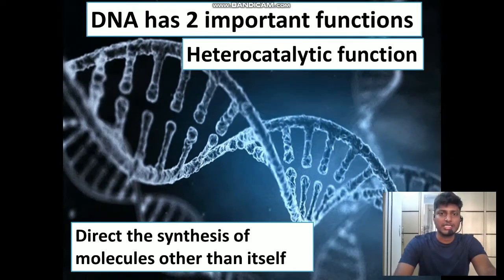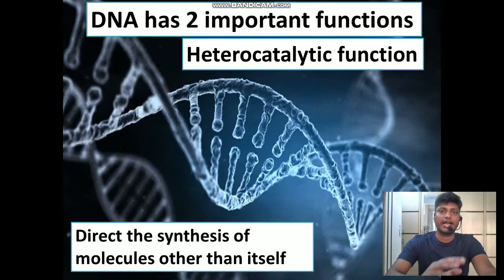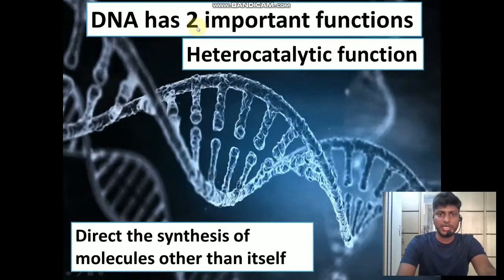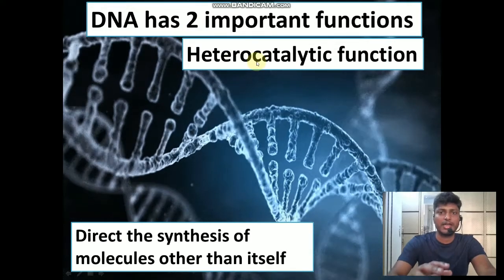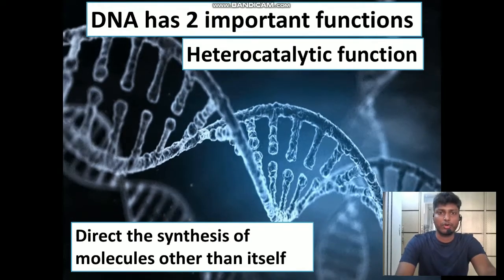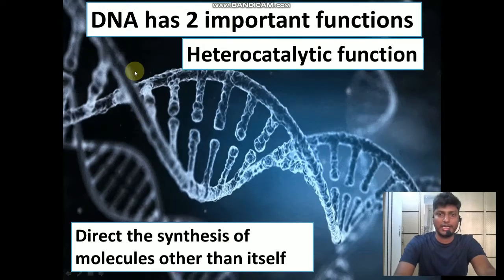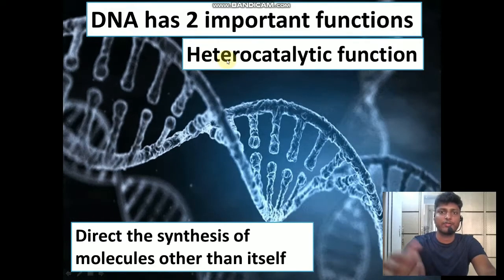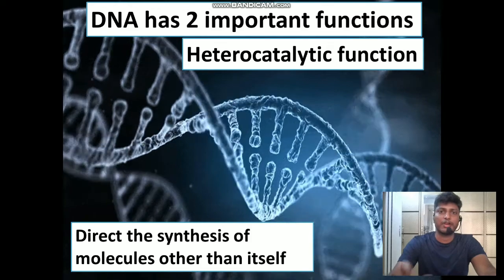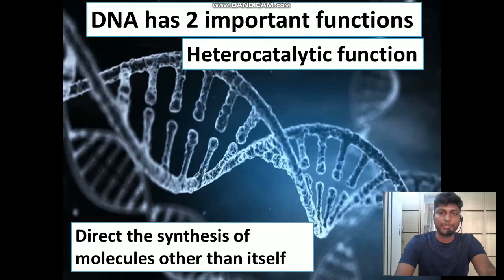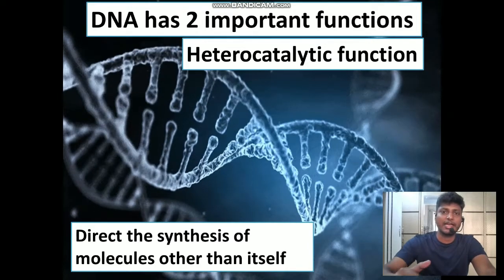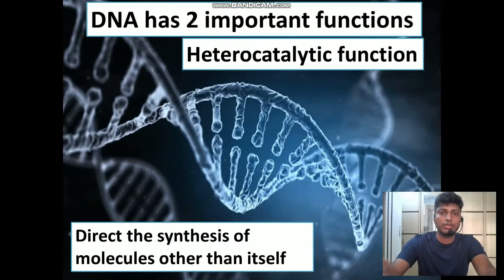Now as you can see on the screen dear students, DNA has two important functions majorly, one of which is called a heterocatalytic function. What do you mean by the word heterocatalytic? Here hetero means different. As you all know, in biology always remember that the word hetero means different. So in this case it means that DNA helps in the formation of other molecules.